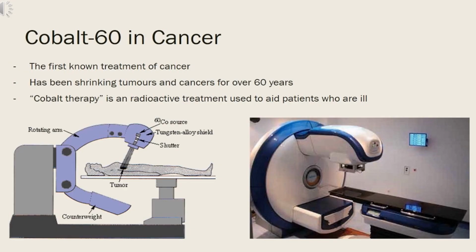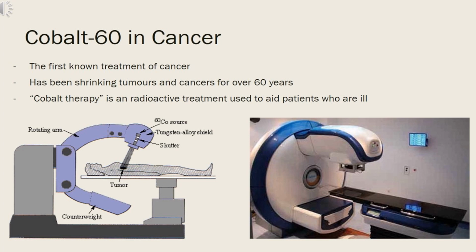Radioactive isotopes are also used in medicine. That is, cobalt-60 is a radioactive substance which is used in radiotherapy. When we were learning the second chapter of health and diseases, you learned about radiotherapy, where radiations are used to kill the tumor cells.